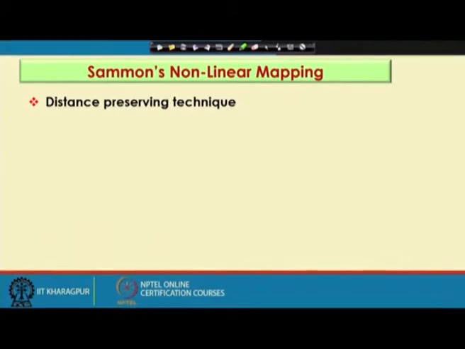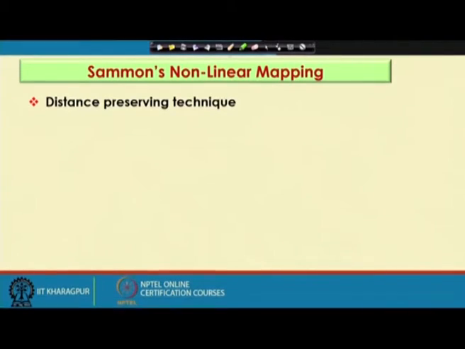Now, this Sammon's nonlinear mapping is a distance preserving technique. Let me explain what we mean by the distance preserving technique. Let us take an example. The tip of my finger, supposing that this is the first point, and another tip of my finger is the second point.